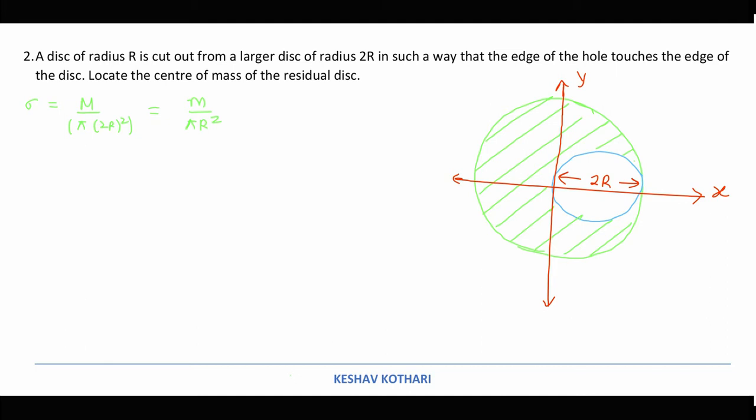So from here I can say that capital M upon 4 pi r square is equal to small m upon pi r square, and I can say that the mass removed is equal to m by 4. So the mass removed is equal to m by 4, and the residual mass is 3m by 4.